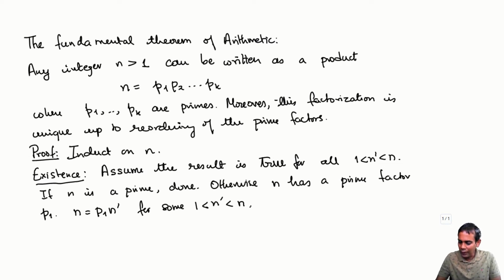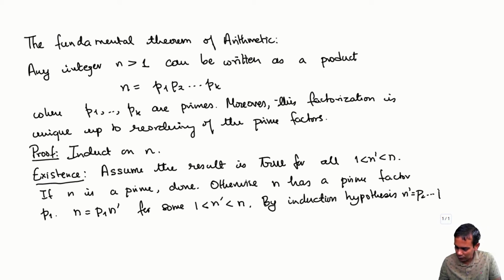And now n' by induction hypothesis has a factorization. Let's say p2 up to pk, whatever the number is, and so n is p1, p2, ..., pk.